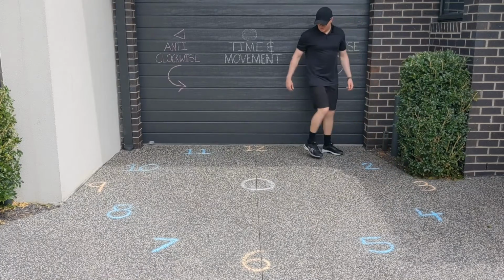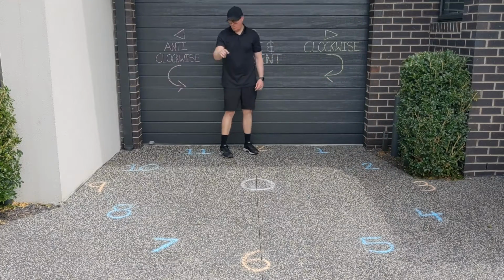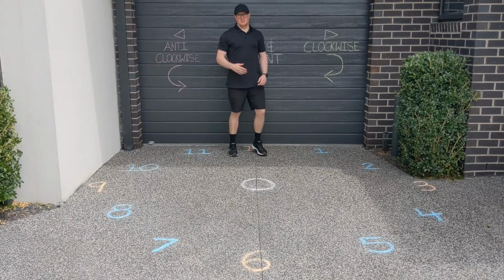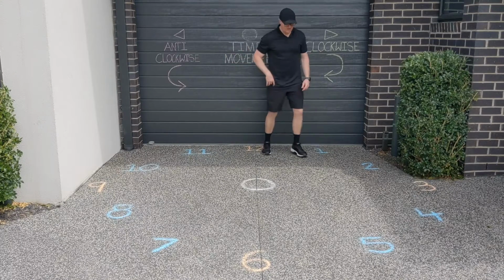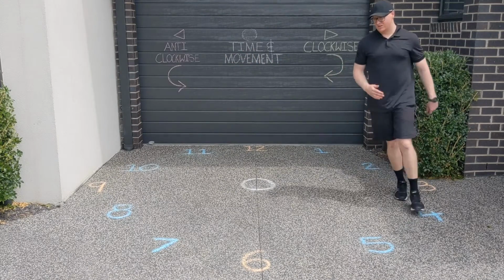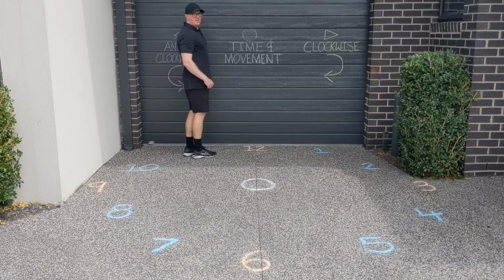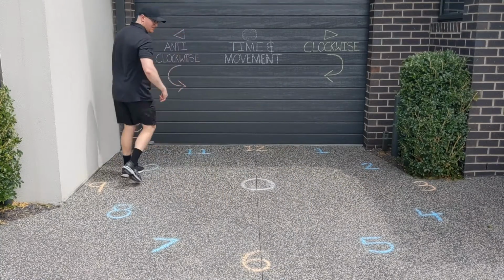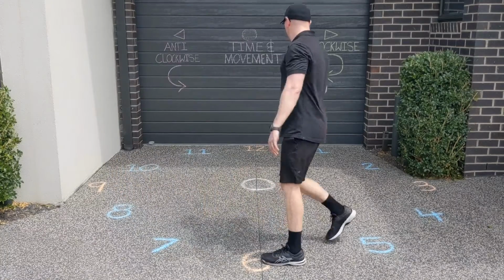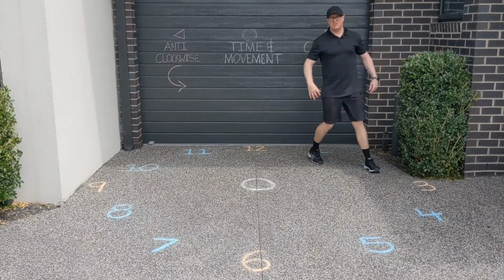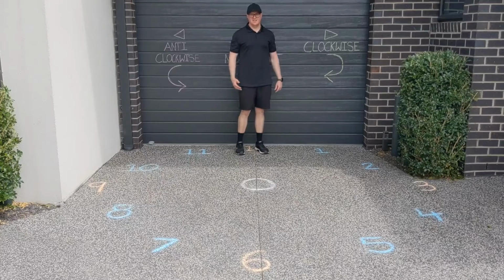And you could imagine that I've done this all the way around for walking. So by the time I got to the 11, I would have to walk all the way around clockwise to 11 o'clock, and then I have to walk anti-clockwise all the way back to 12. It's almost like I'm rewinding.